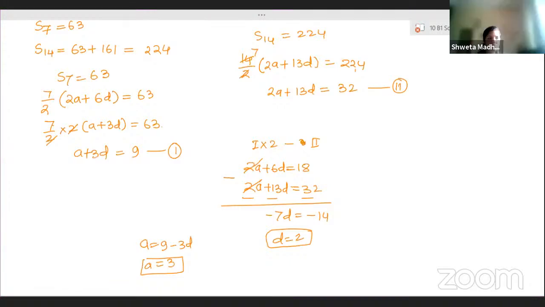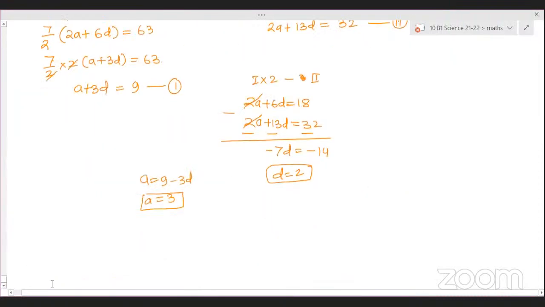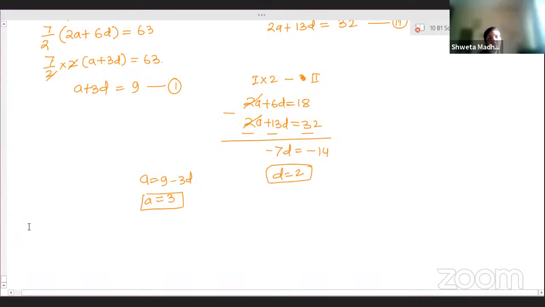Next is which question? 32nd question. So basically it is the same as the fifth question. Third and fifth, exactly.